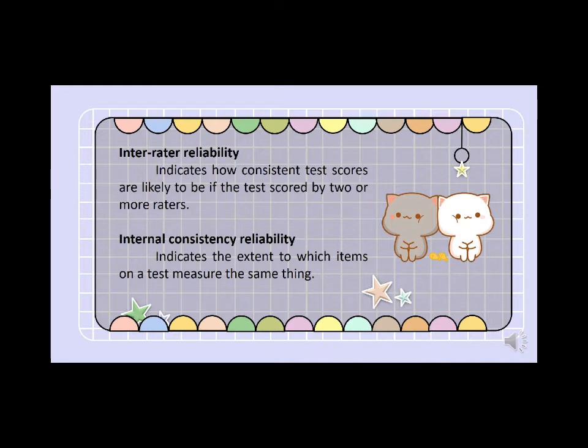Lastly is internal consistency reliability. It indicates the extent to which items on a test measure the same thing. A high internal consistency reliability coefficient for a test indicates that the items on the test are very similar to each other in content.